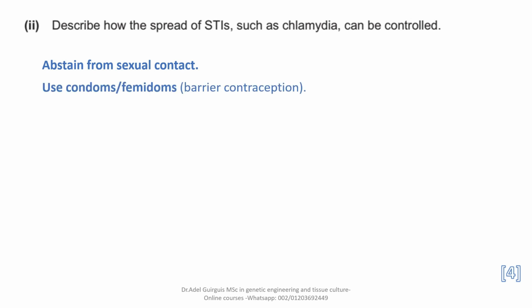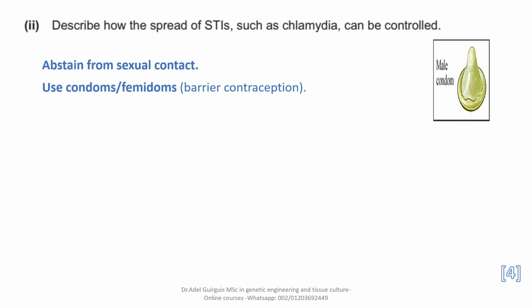The answer is the same as in the AIDS lesson. How can the spread be controlled? Abstain from sexual contact. Number 2, use condoms or femidoms as barrier contraception.